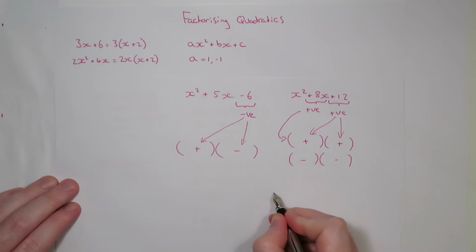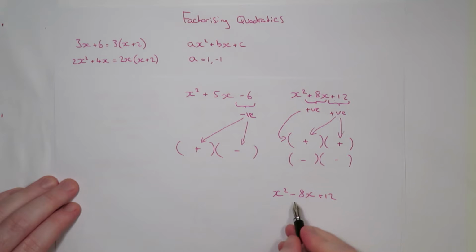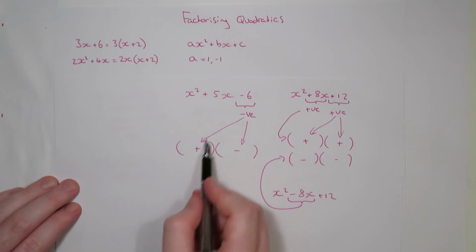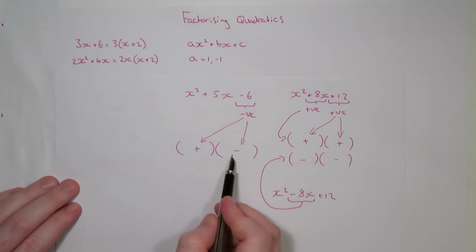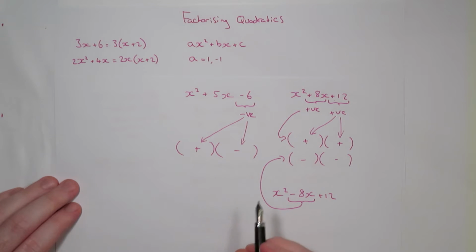If, however, that would have been x squared minus 8x plus 12, then this term here tells you it's that case. And here, to work out which numbers go where, the factors of 6 in this case were 6 and 1.